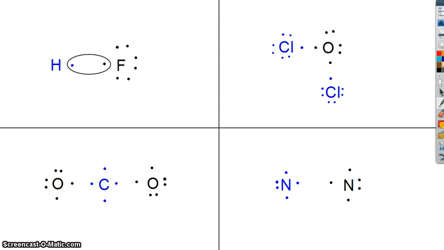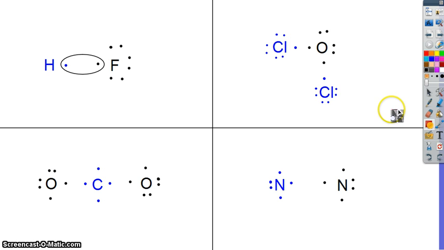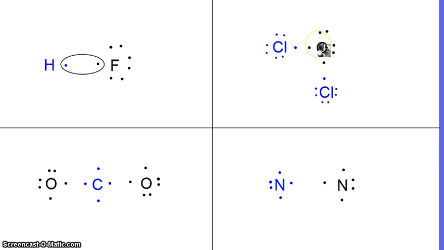Oxygen is in the 6th group, so that's how we know it has 6 electrons. Or you could look at its outside electron configuration, which would be 2s2, 2p4, so a total of 6. Chlorine has a total of 7.